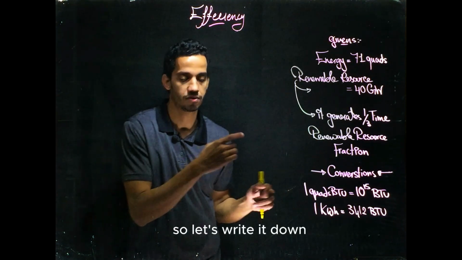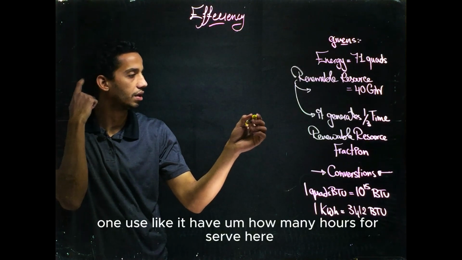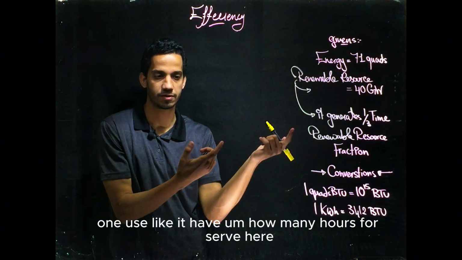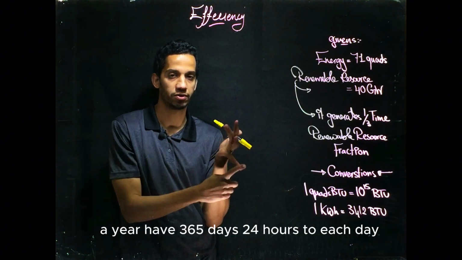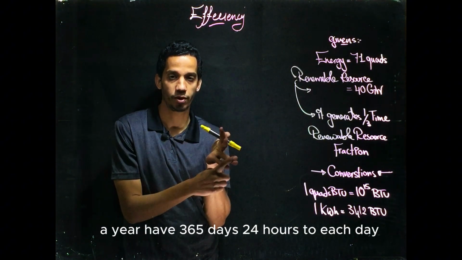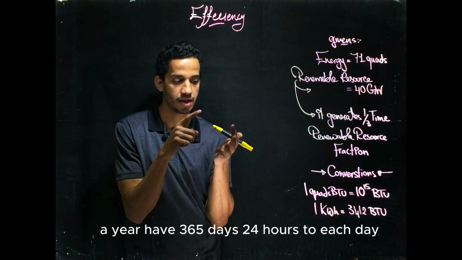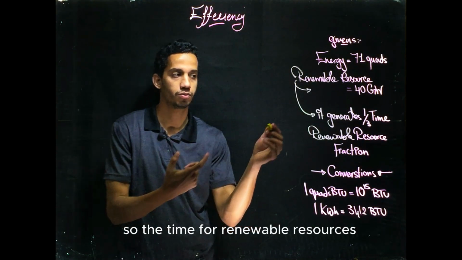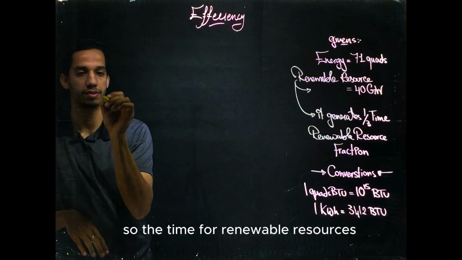So let's write it down. How many hours does one year have? A year has 365 days, 24 hours each day, and renewable energy sources generate a third of its time.